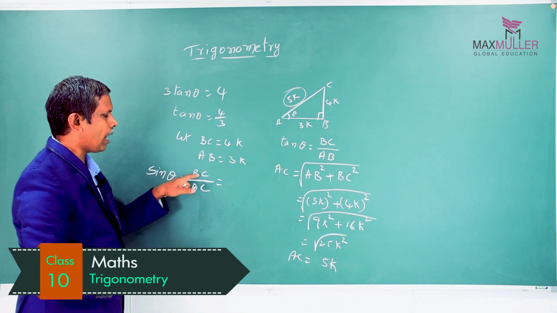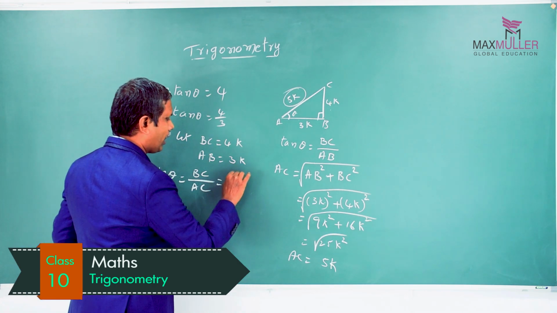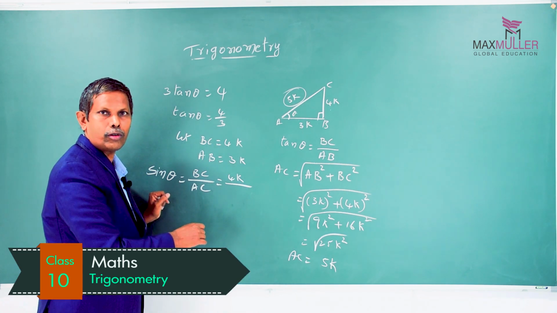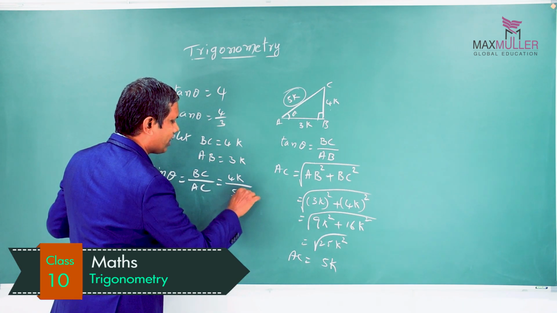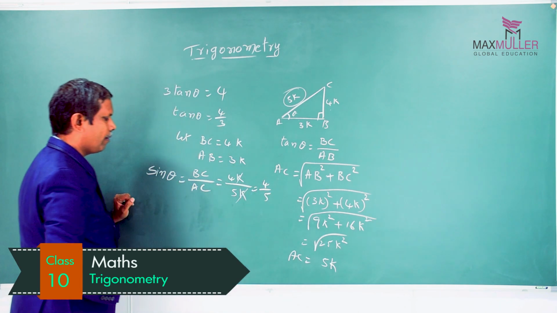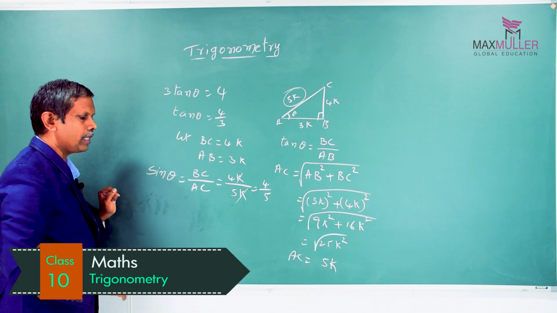The value of BC is 4k and AC is 5k. The k cancels, and finally you will get 4 by 5. That is the value of sin theta.